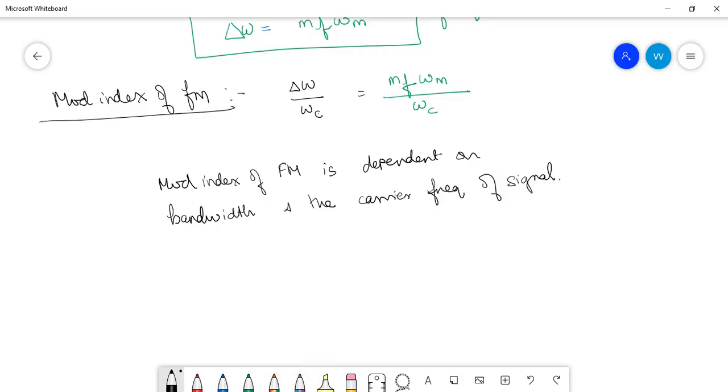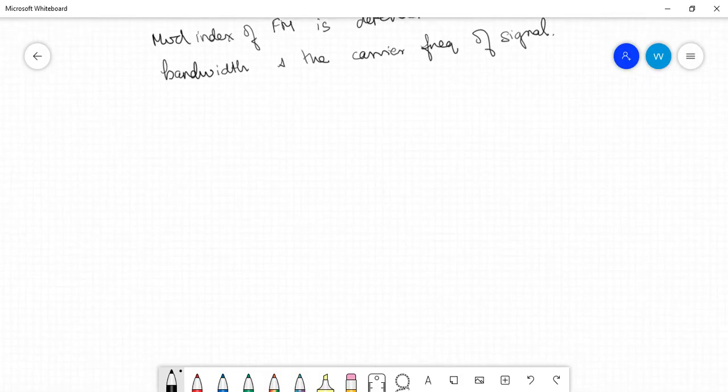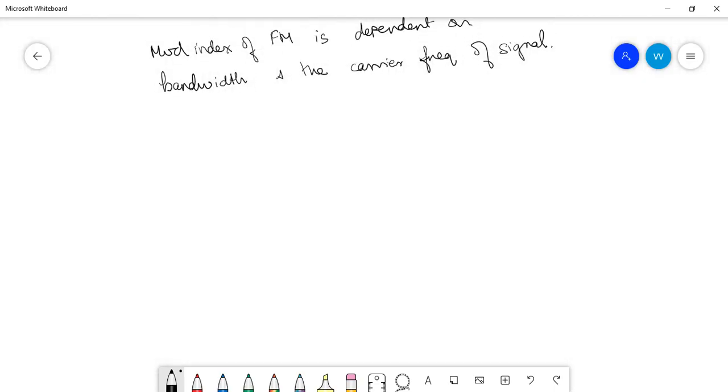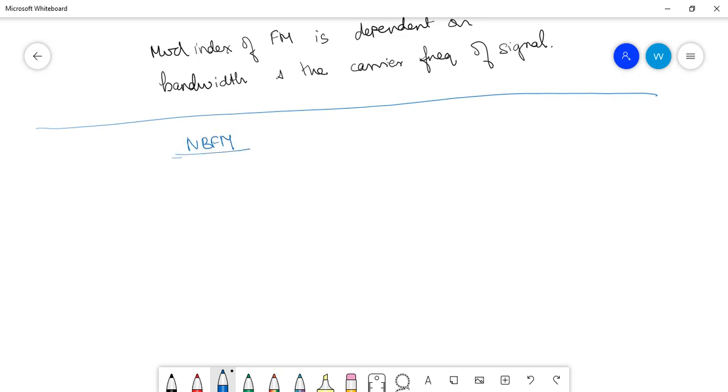All right, so after discussing the modulation index of FM, we can go towards narrow band FM. Now in order to generate a frequency modulated wave, we have basically two kinds of schemes.